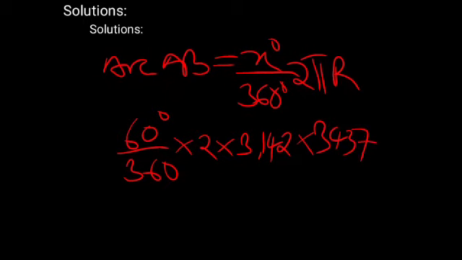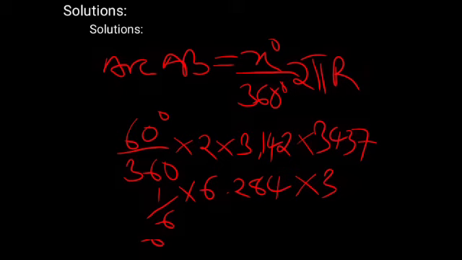So then we can say 60 over 360 can be simplified as 1 over 6, times 2 times 3.142 is going to be 6.284, times 3,437.